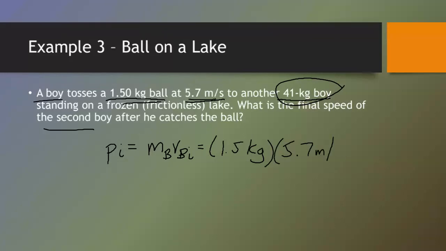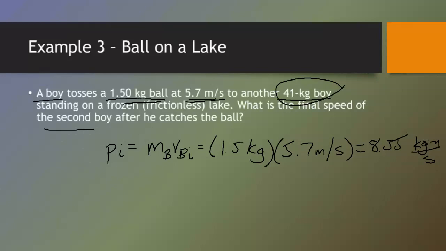The units for momentum are different. I didn't write down the exact middle step here. 1.5 times 5.7 is 8.55. And so the initial momentum is 8.55 kilogram meters per second. It's just mass times velocity. There's no particular units for momentum.